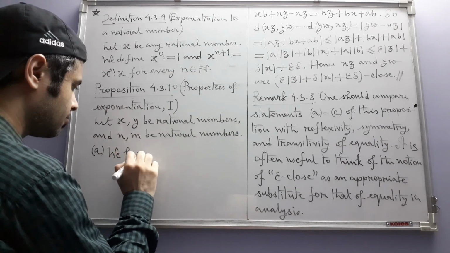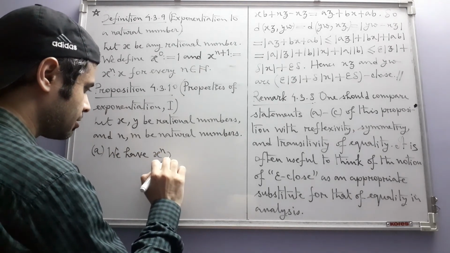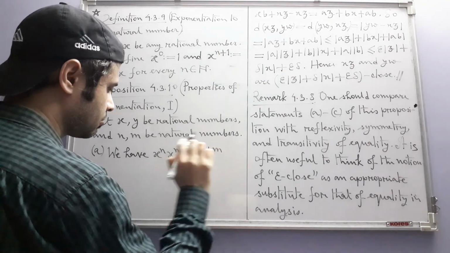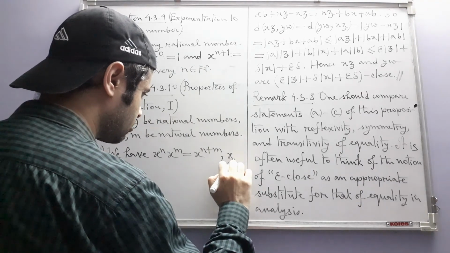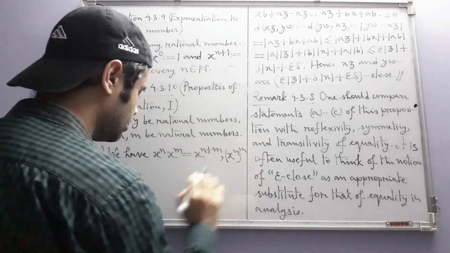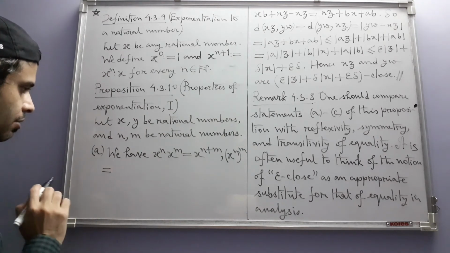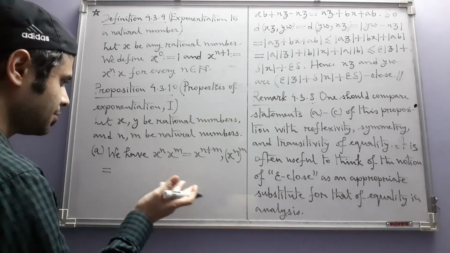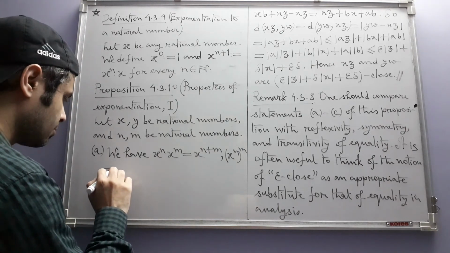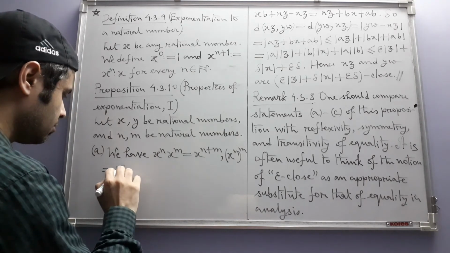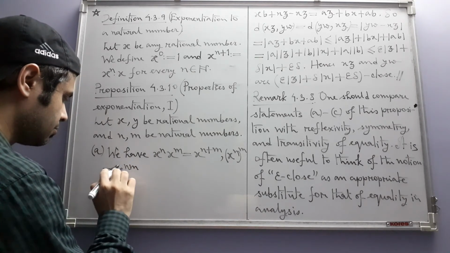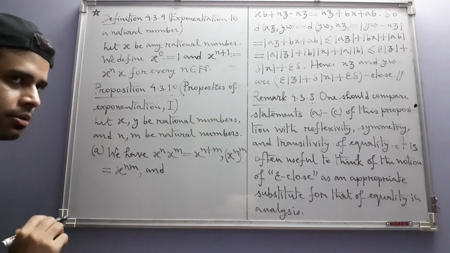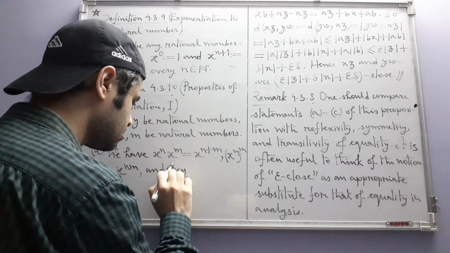We have x to the power n times x to the power m, this. These are some statements which we have already proved in group theory, rules of exponent. The same thing here of course is also true. X to the power n m. And additionally, because multiplication of rational numbers is commutative, we have this.